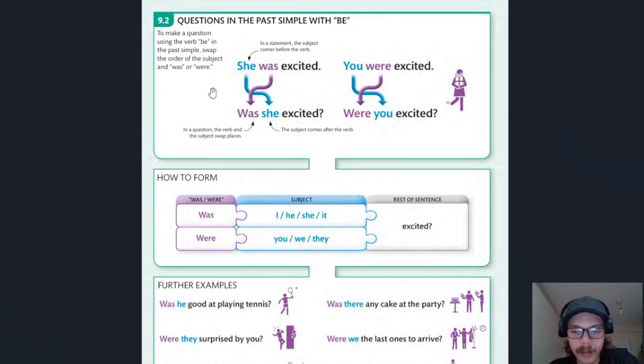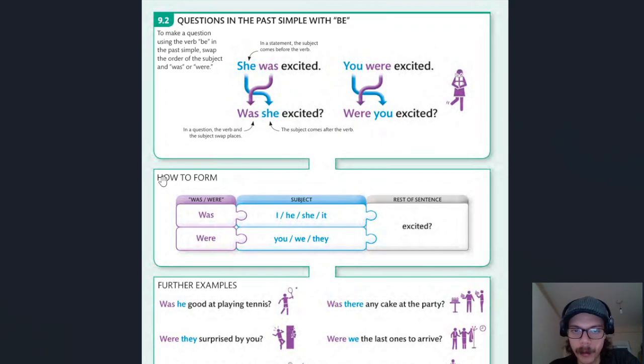So if you remember how to make a question in the present simple, then you know how to make a question in the past simple with be. Okay. I'll read these two examples. They have the statement first and then the version with the question. She was excited. Was she excited? You were excited. Were you excited?